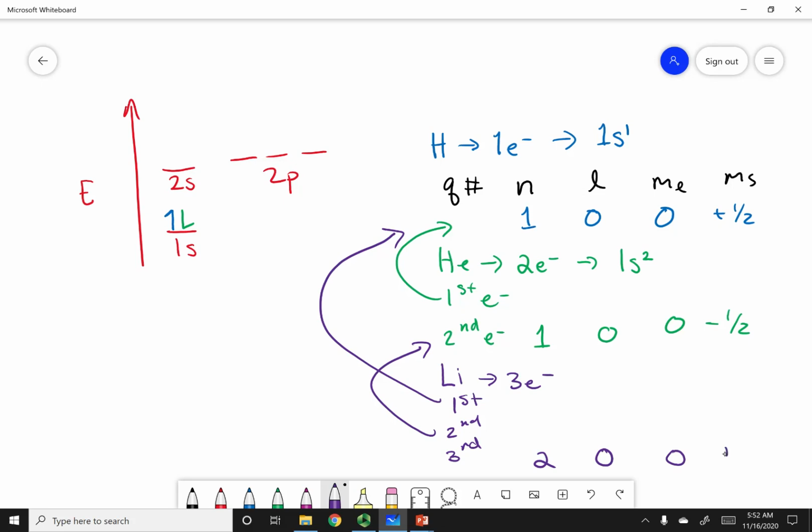I can put a plus 1/2 for my m sub s, and so I can draw the third electron. My electronic configuration is going to be 1s2 for the first 2 electrons, and then 2s1 for that third electron. But let's talk about why the 2s is preferred over the 2p.